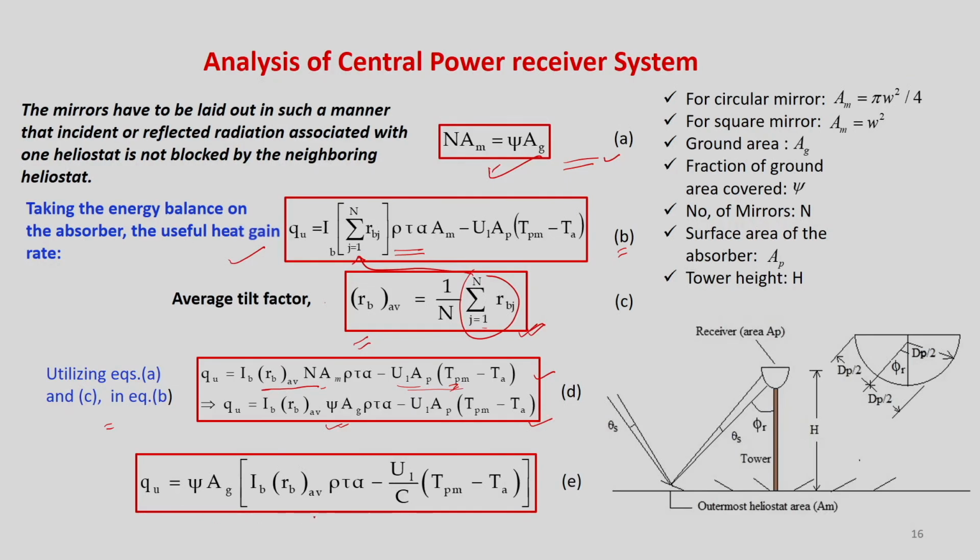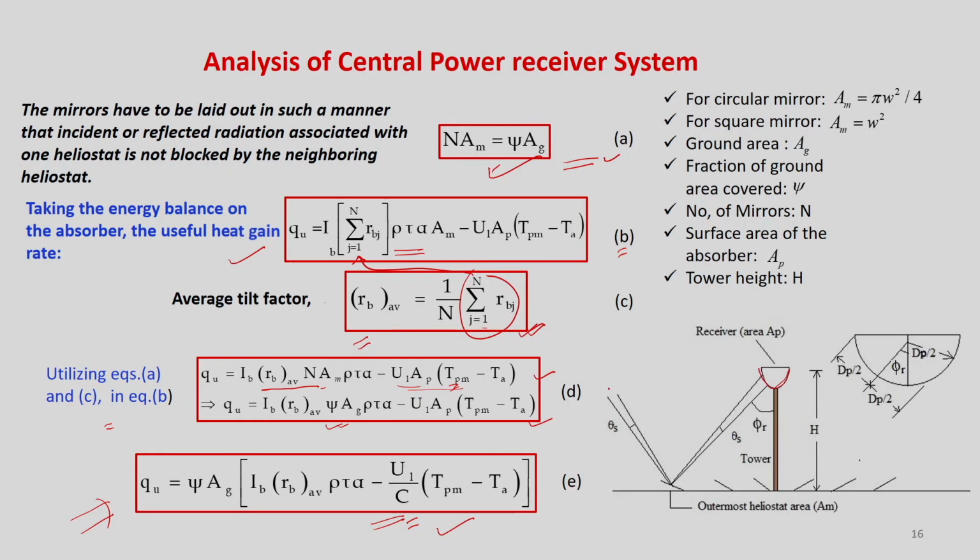So, our expression will be something like this if we define this concentration ratio. Okay. So, we need to define the concentration ratio now. Before we define it, let us see phi r also, how this phi r can be defined. Here, this is the height of the collector, the central receiver system, and this is the receiver area.